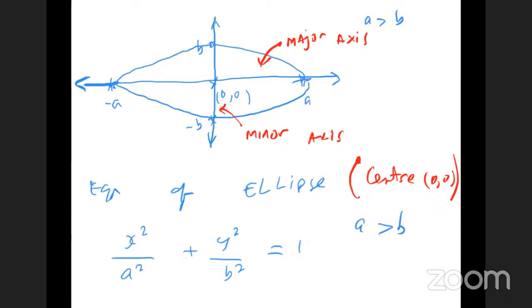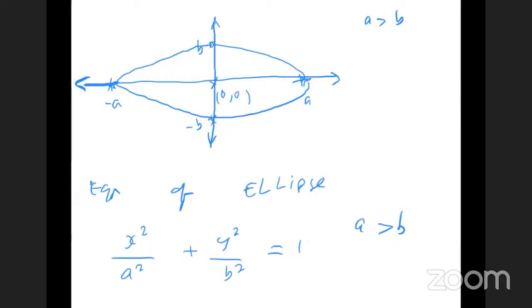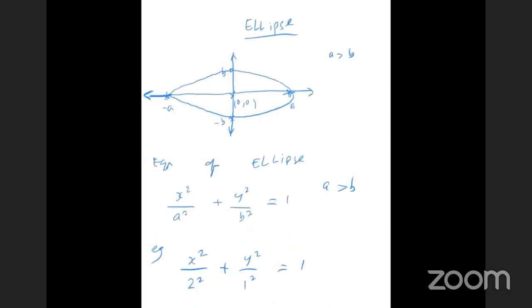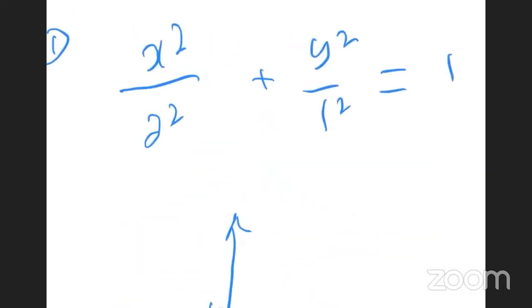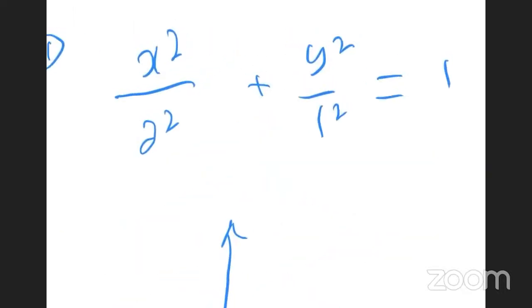All right, so let's do a quick example now. Suppose I gave you something like this. You'd recognize that, of course, you don't always get 2 squared, you might get 4. But if you look here, you'd recognize that A is 2 and B is 1. So how are you going to sketch that?